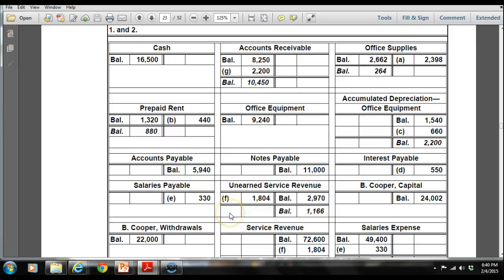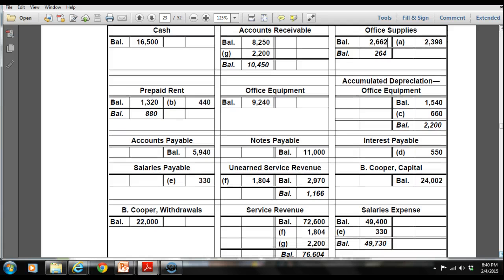The next one is called unearned service revenue, and if you look at your trial balance, you should have a credit balance there of $2,970. So just put in that $2,970 on that credit side.